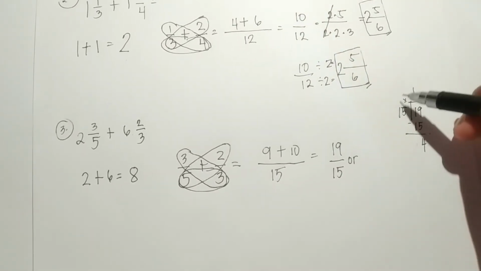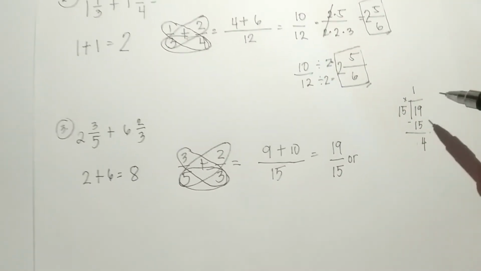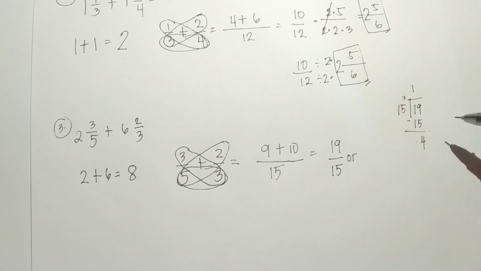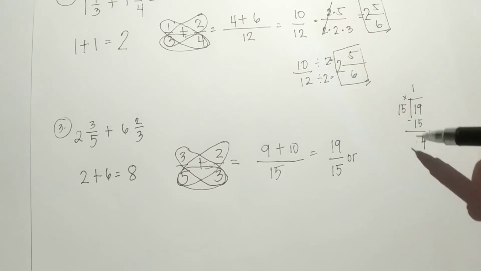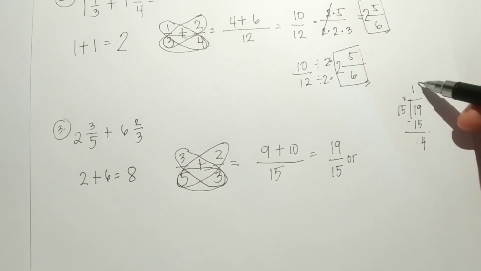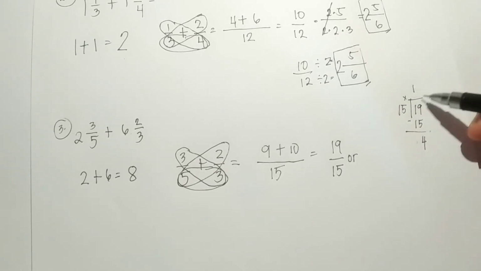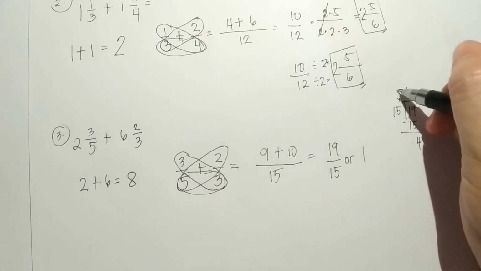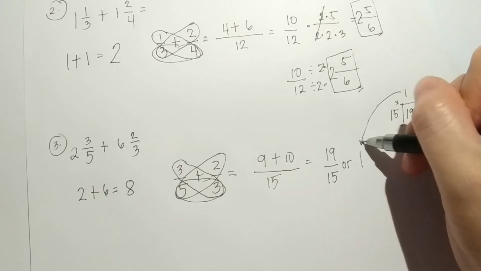Para ma-arrange natin to, isa to sa mga common error ng mga estudyante na nalilito sila paano ba ilagay o iayos to into a mixed fraction. So, tatandaan lang yung ating quotient, yun, yung number sa taas, yun ang ating whole number. Yan, lagyan natin ng arrow para mas maintindihan.